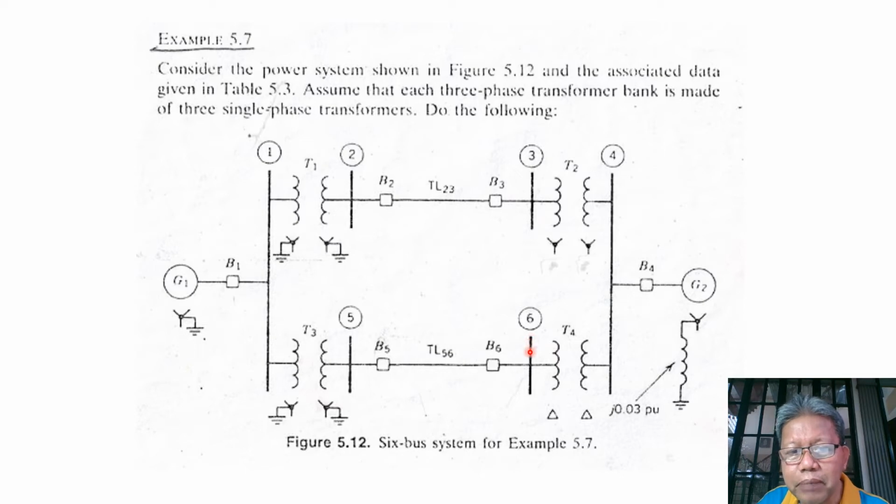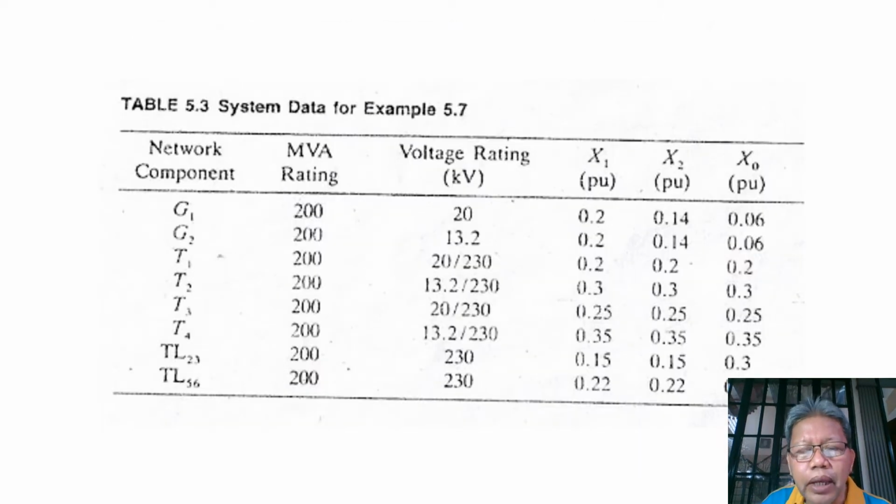From bus 6 to bus 5, we have a transmission line TL56. And between bus 5 and bus 1, we have another transformer which is YY connected and both grounded. Now the data of the network are given here.